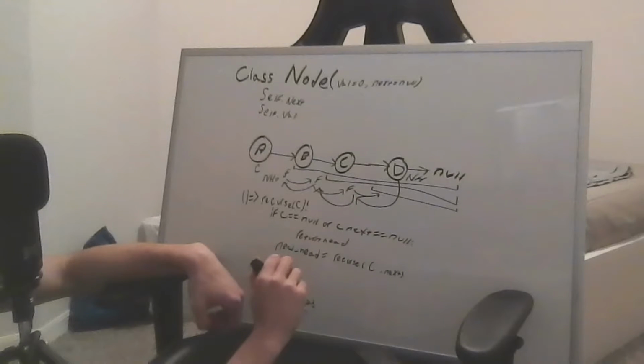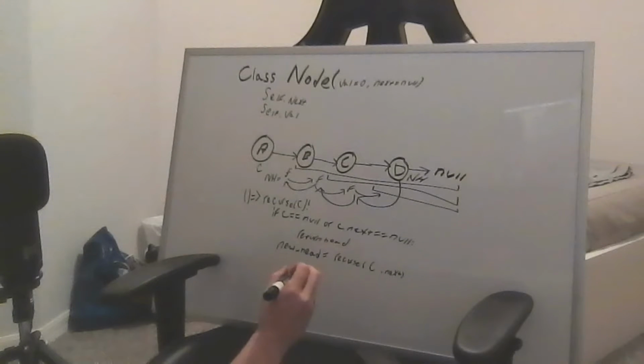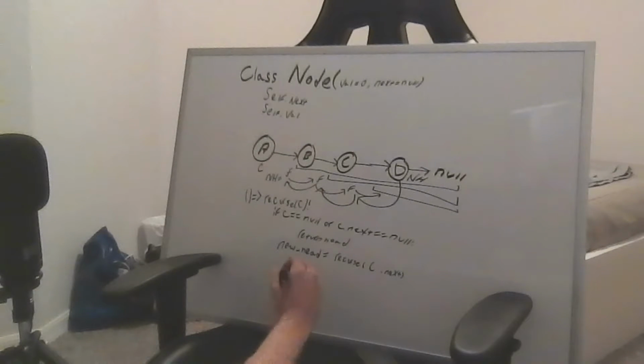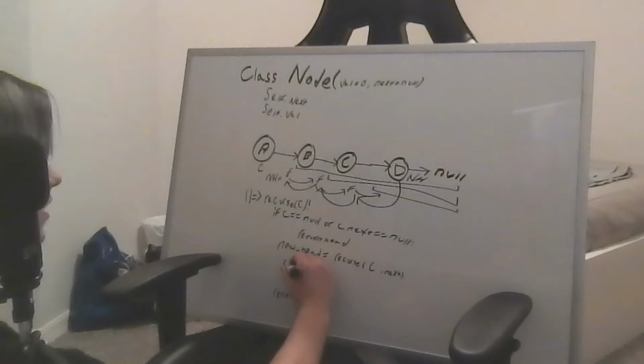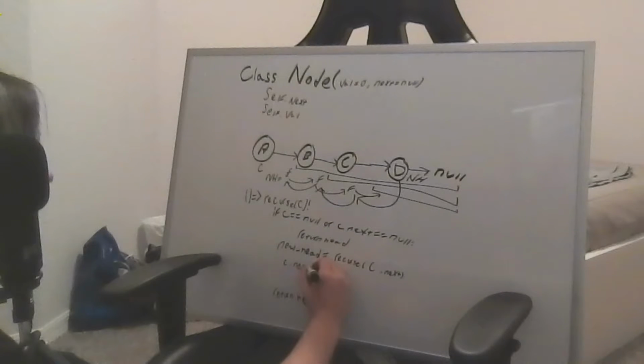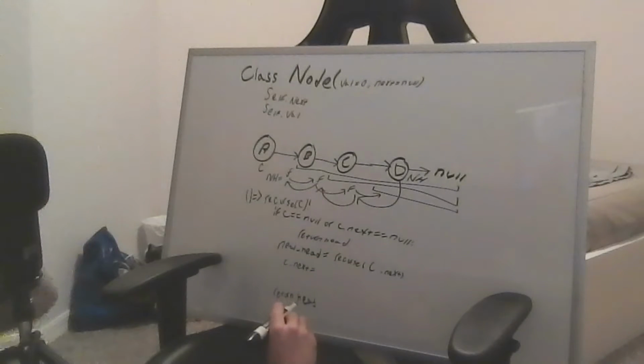During this, what we are going to be doing is setting the current head. So between this, we are going to set C.next equal, or yes, we're going to be setting C.next equal to the item before.